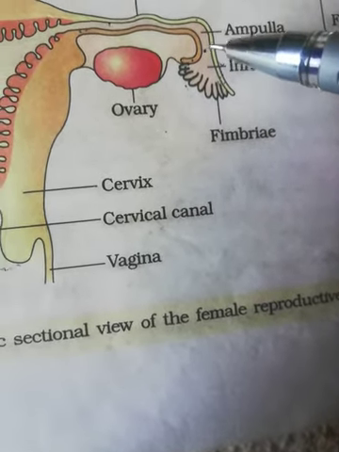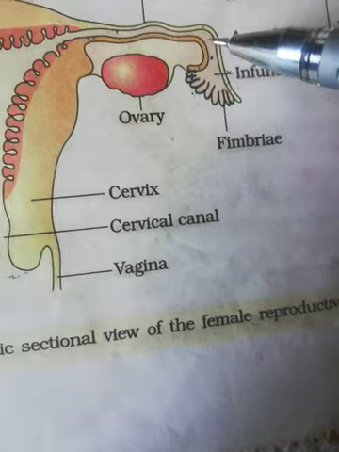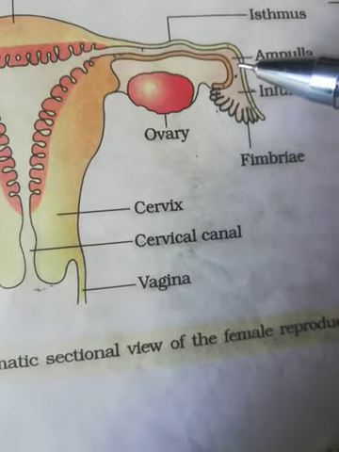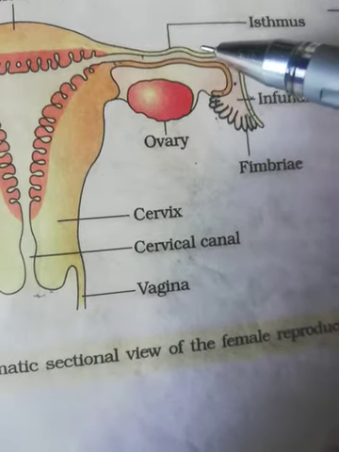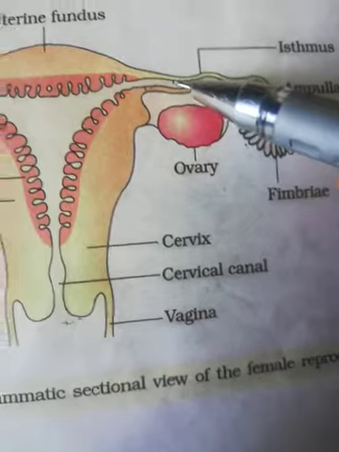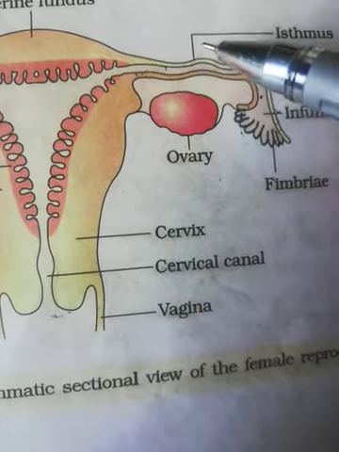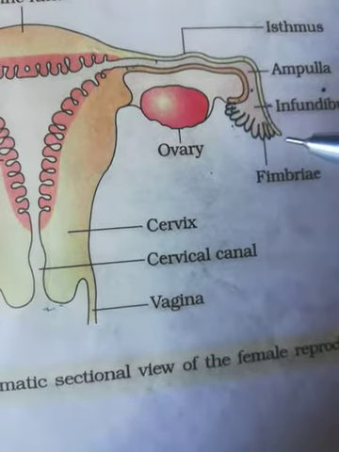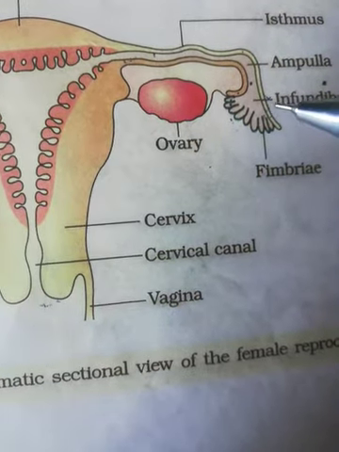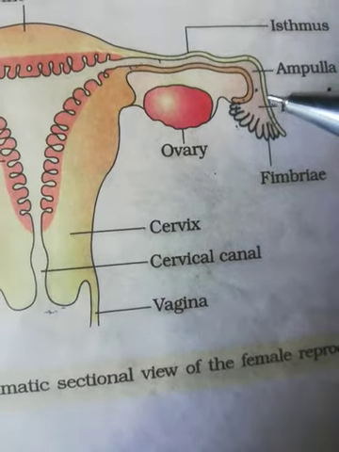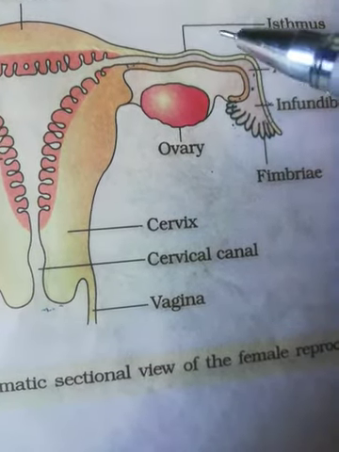Now the infundibulum opens into a broader region. This broader region is called the ampulla region, and the ampulla leads into a quite narrower region. This narrower region is called isthmus. Is it clear? So there are three parts in the oviduct or fallopian tube, because fallopian tube is another name of oviduct: infundibulum, ampulla, and isthmus.